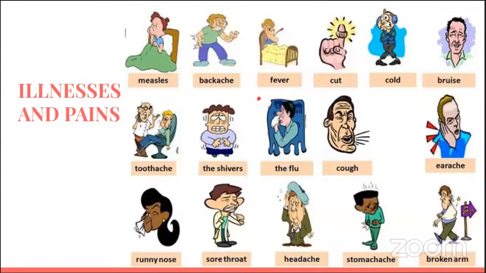All right. And here we have some other illnesses and pains. Here, please, can you read the word? Measles. Do you know what this is? Como varicela, puede ser. Exactly. Backache.